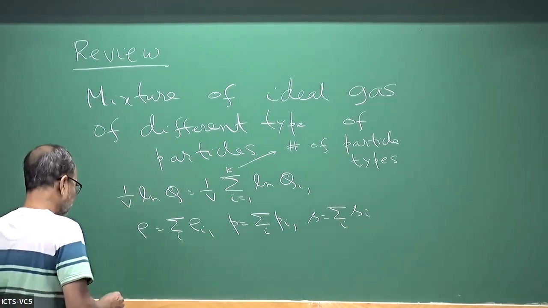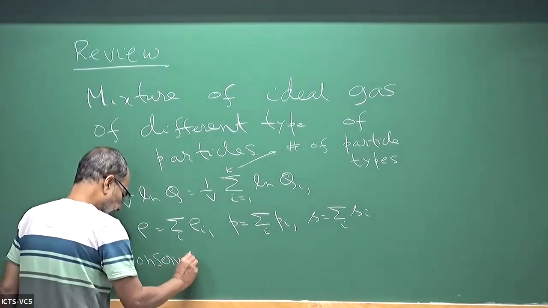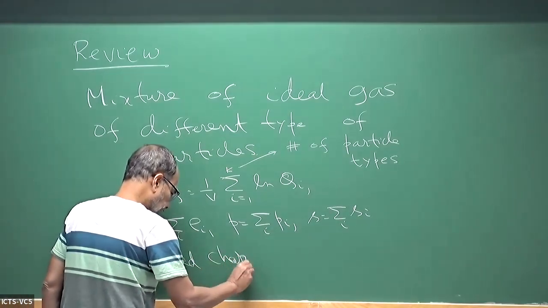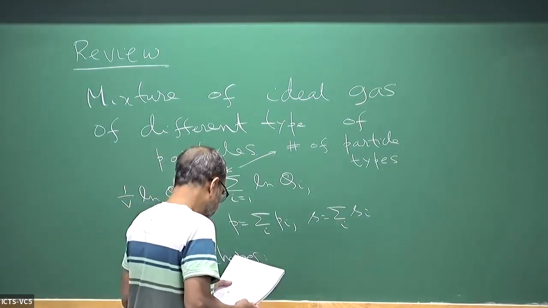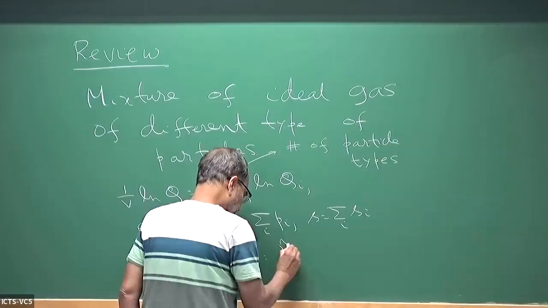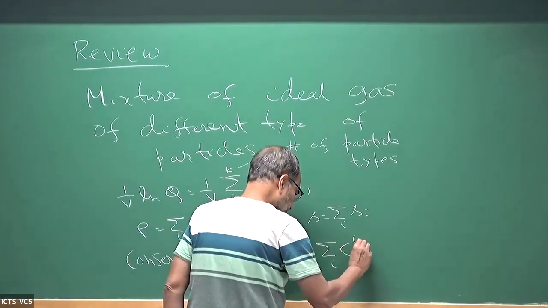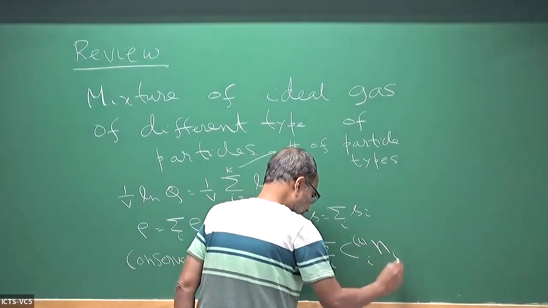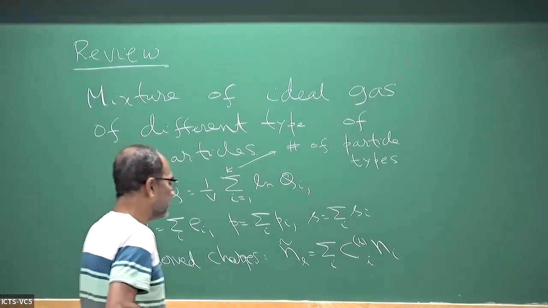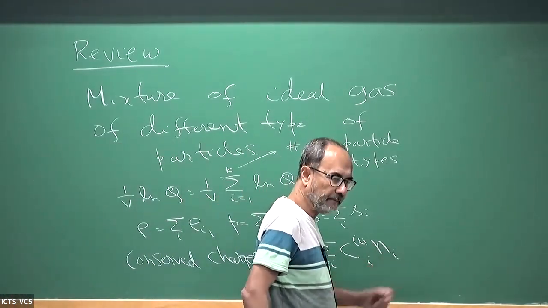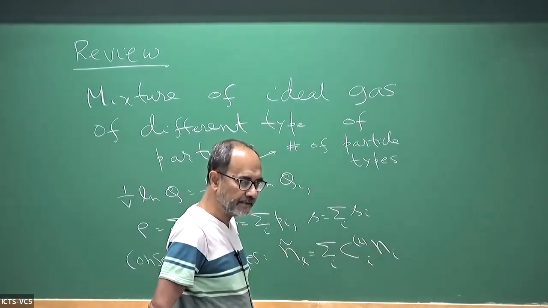Then we said let's assume that there are some conserved charges, and I wrote n tilde L as the sum over i of C_Li N_i, where N_i is the number density of particle type i, and n tilde L is some linear combination of these N_i's.